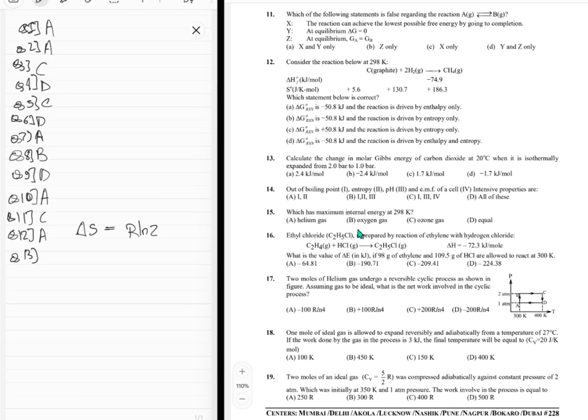I'm using the fact that the initial and final points are at the same temperature, but it's not necessarily a reversible process. We are not sure if it's reversible or irreversible. So delta S is this thing, your delta H is basically 0, so delta G is negative T delta S, so negative T R natural log 2.